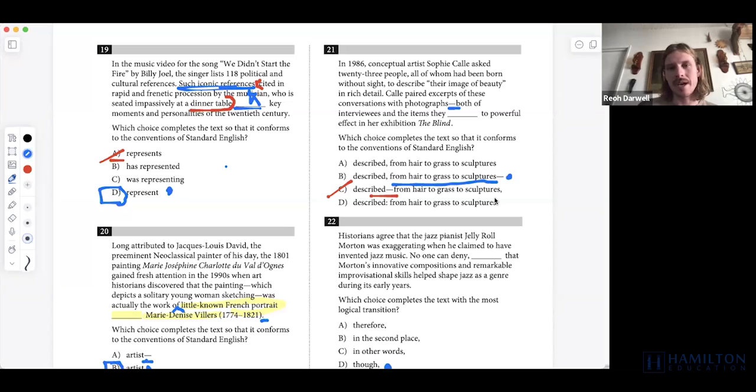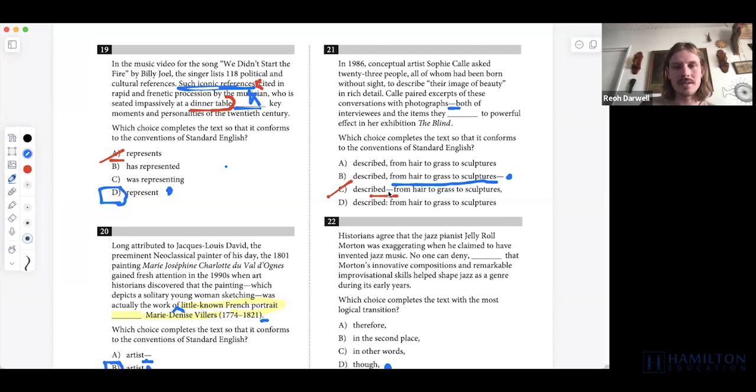What doesn't do that? Cahiers paired excerpts of these conversations with photographs from hair to grass to sculpture to powerful effect in her exhibition, The Blind. All right.